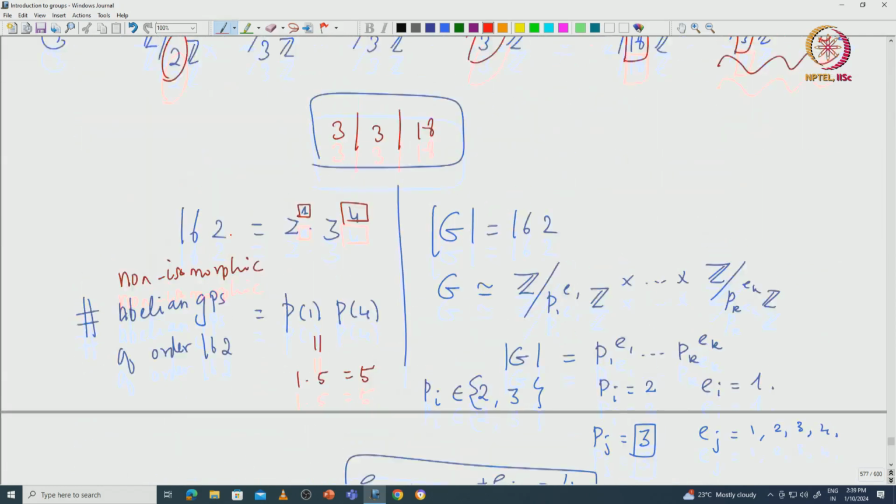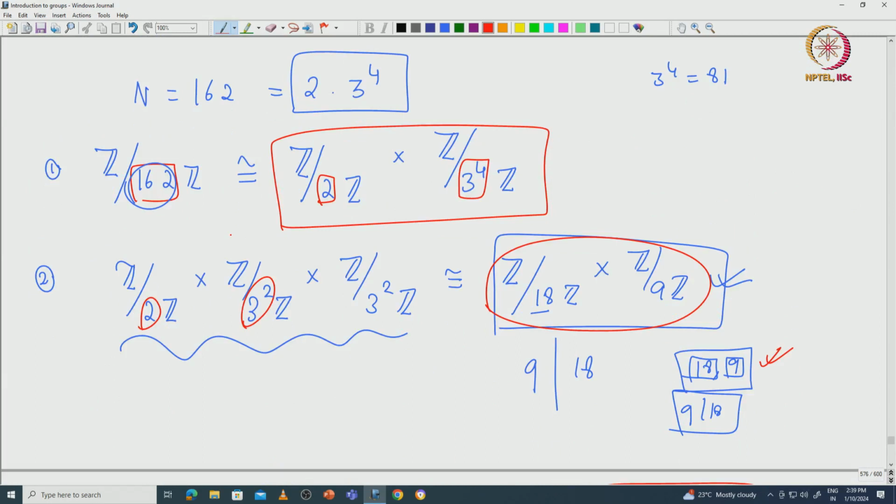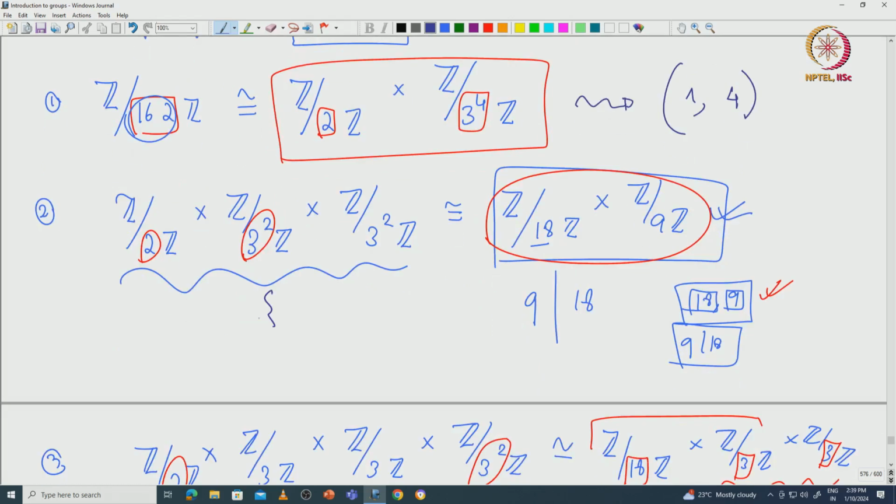So, what are they? We listed already 3 of them. This one corresponds to the empty partition, that is 1, and then the other partition 4. So, these two are trivial partitions. Now, if you take this one, it corresponds again to the empty partition 1.